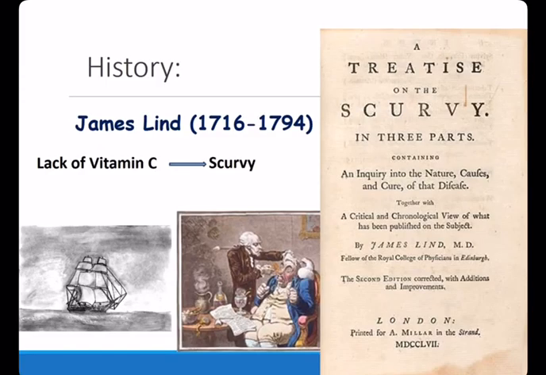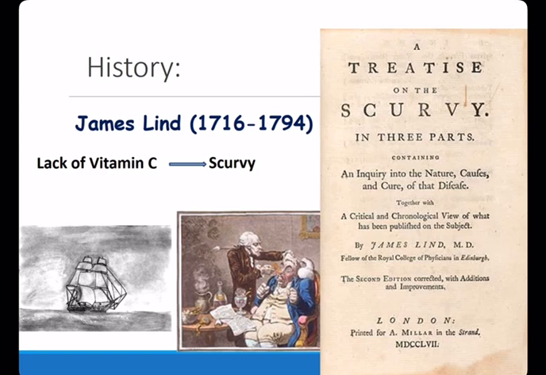When we talk about clinical trials, we should look at the history to see what was the first clinical trial performed. Here we introduce James Lind and his experiment of therapies for scurvy. The British navy traveled around the world, and the sailors in the navy suffered from scurvy.